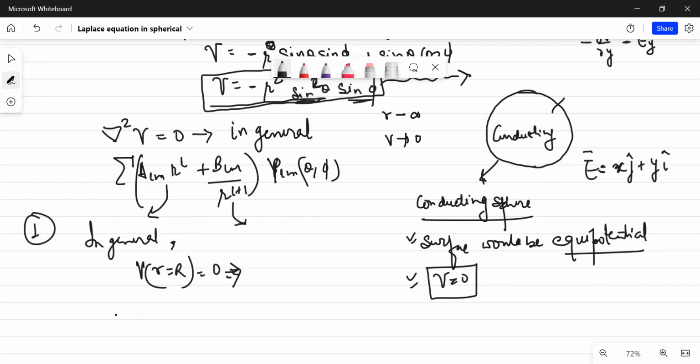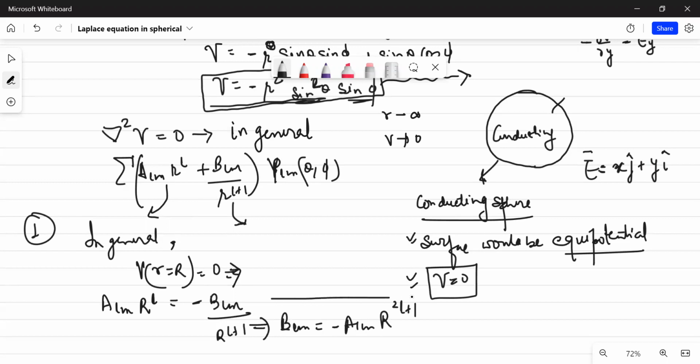Overall, this will be like A_lm R to the power l equals minus B_lm upon R to the power l plus 1, or in general I can write B_lm is equal to minus A_lm, and this is R to the power 2l plus 1. I think it is clear.